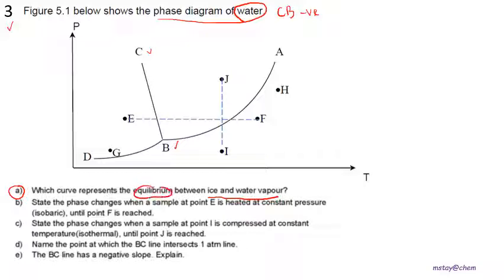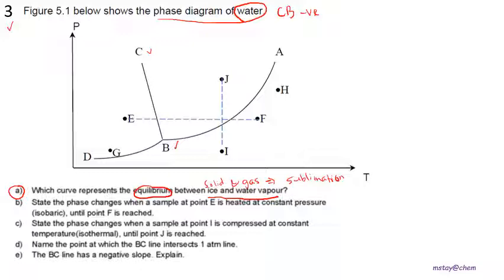If the term is equilibrium between ice and water vapor, it means that at this condition, both solid and gas phases are present. So in this case, we know that this refers to sublimation. If this is the sublimation process, we are going to look for the sublimation line.